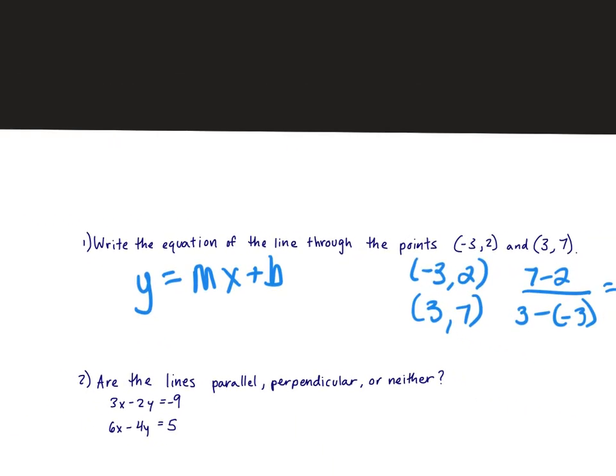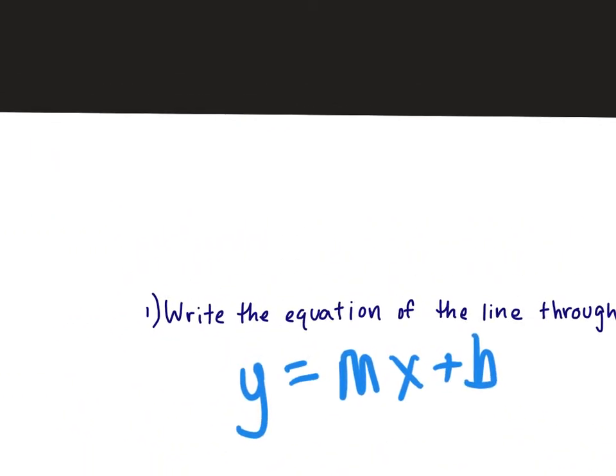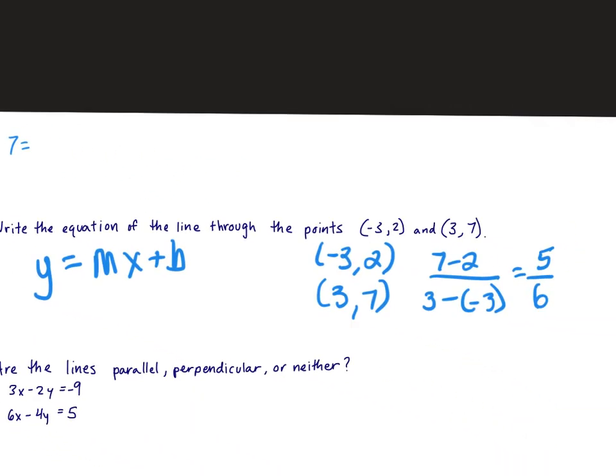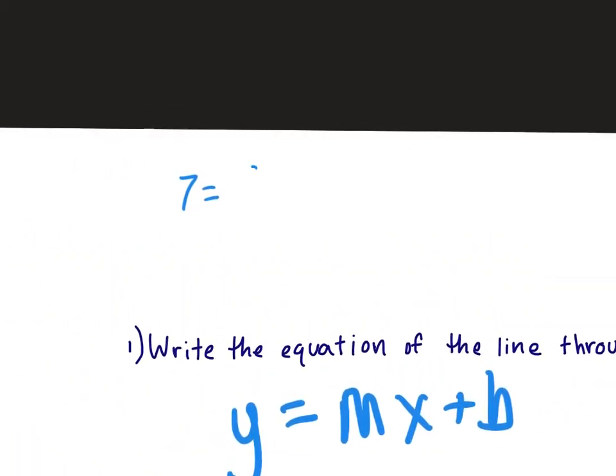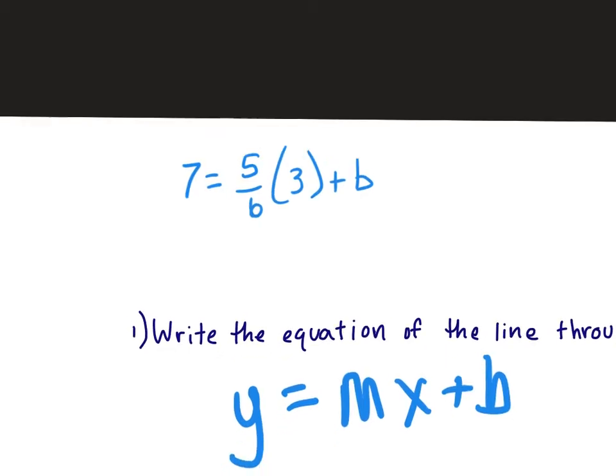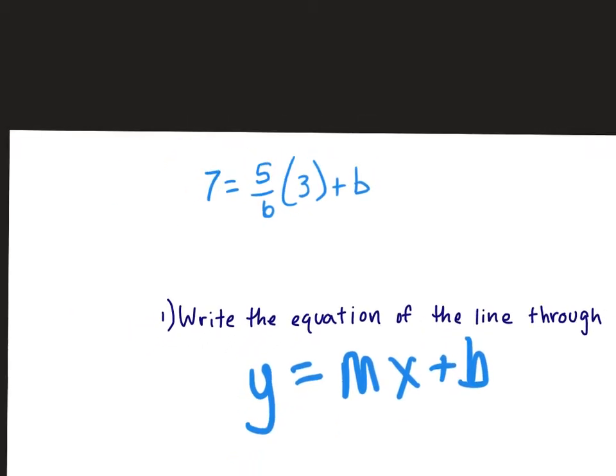So if I use the point 3, 7, I'm going to say 7 equals, what did we say our slope was? 5/6. So 5 over 6 times 3 plus b, right? Here, 6 becomes a 2 and this becomes a 1. So I have 7 equals 5 over 2 plus b.